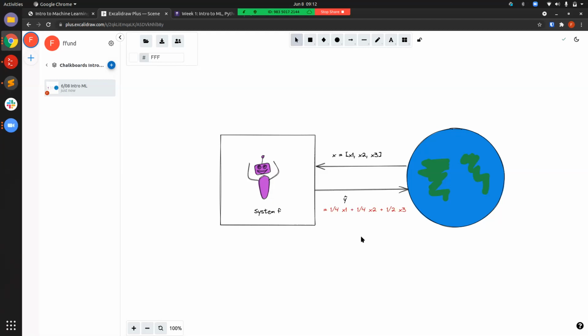So this updated system predicts your machine learning course grade as the weighted sum of previous course grades. Is this one a machine learning system?